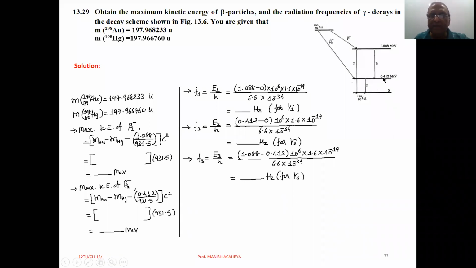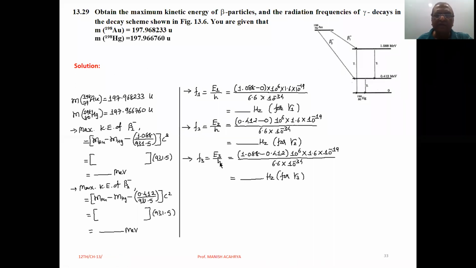Then the second one, F2, is E2 by h. 0.412 MeV to the transition to ground, so 0.412 minus 0, this much MeV, into 10 raised to 6 into 1.6 into 10 raised to minus 19 divided by 6.6 into 10 raised to minus 34. This much hertz for the second gamma decay. Then the third frequency, E3 by h.